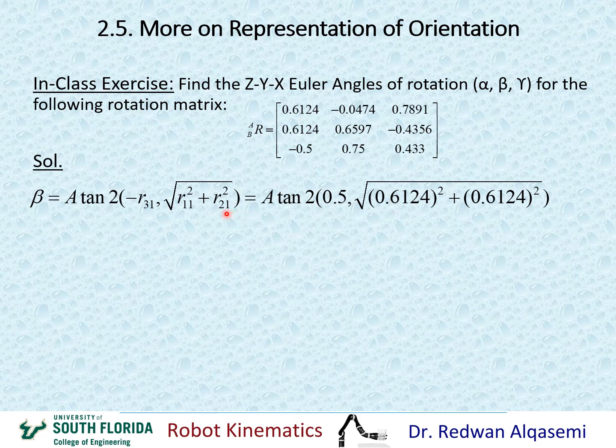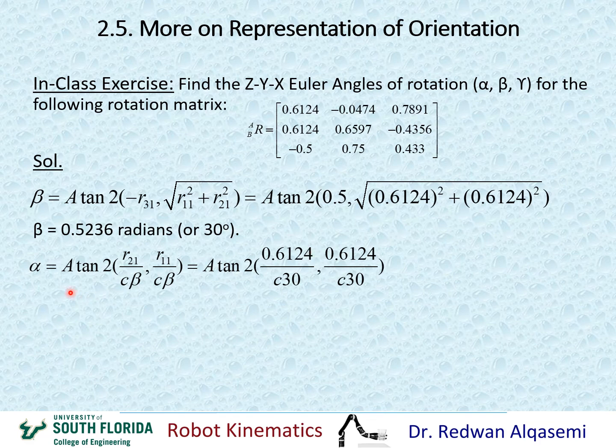And then R21 is the second row, first column, which is 0.6124, which I can put right here. If you solve this, you're going to find out that beta equals 0.5236 radians or 30 degrees. Okay? So that solves beta.